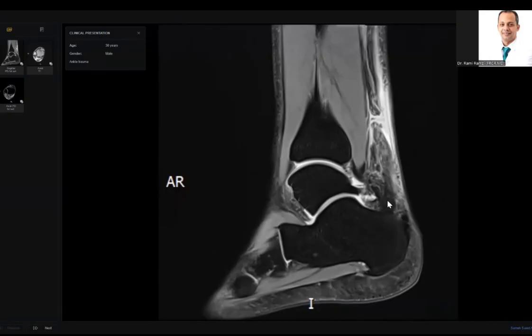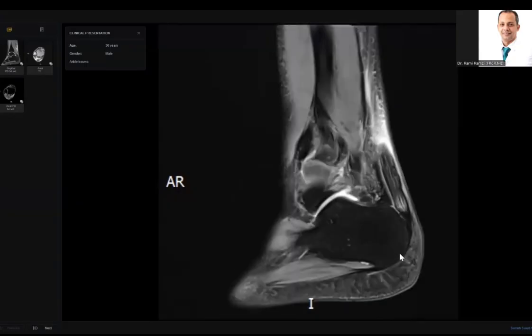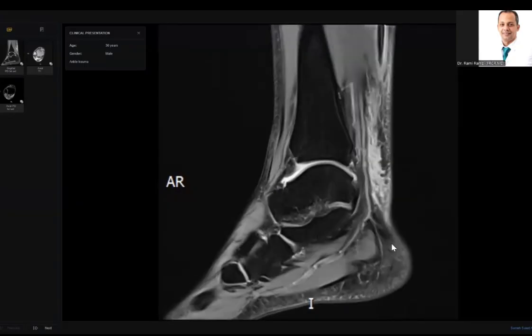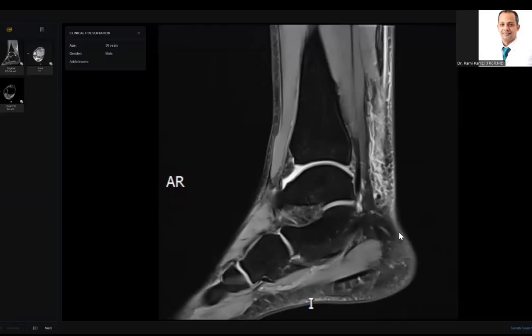Okay, so this is the proximal end, and this is the distal part of the Achilles that has basically ruptured. What's ruptured? What is the name of the Achilles tendon? Excellent.